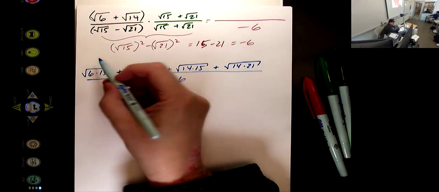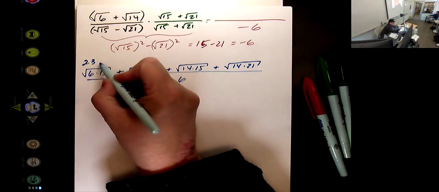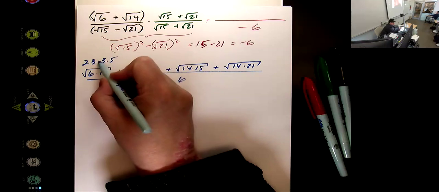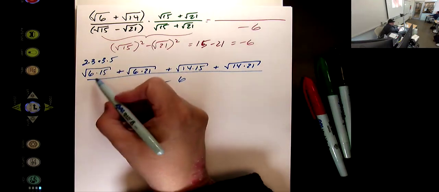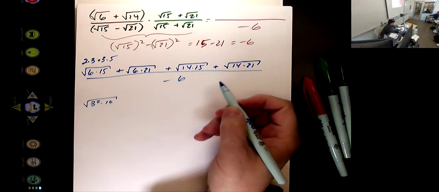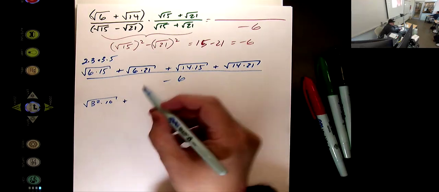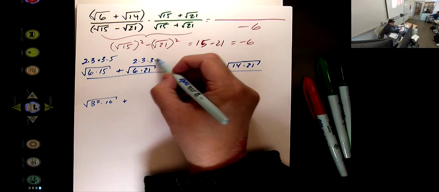All right, so 6 is 2 times 3, and 15 is 3 times 5. So this is really 3 squared times 10 in here. Plus, this is 2 times 3, and then 21 is 3 times 7.